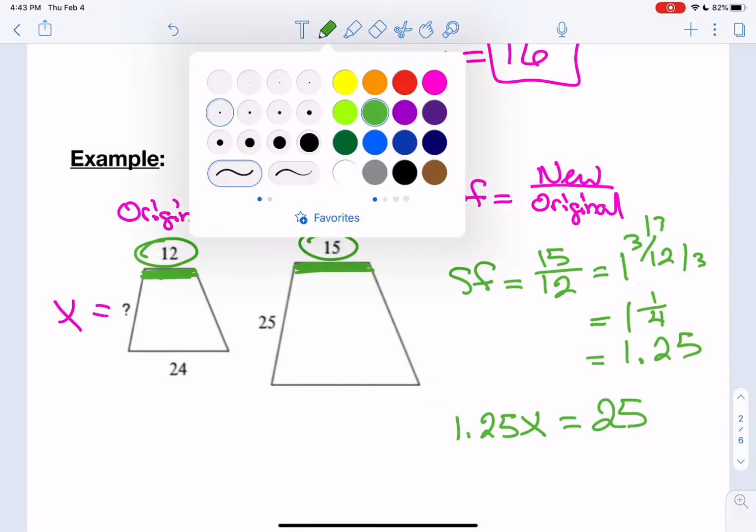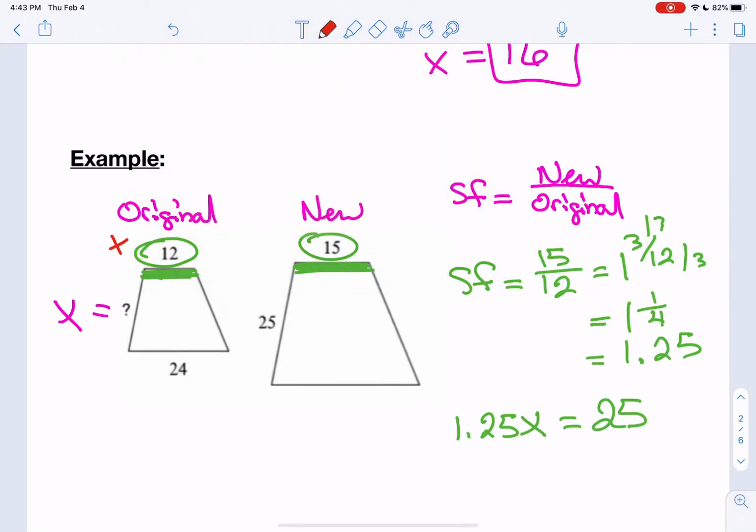Because remember, the scale factor is the number that the original side had to multiply with to equal the new side. So 1.25 times 12 gave us 15. So that means x times, oops, I shouldn't have used an x sign for multiplication.